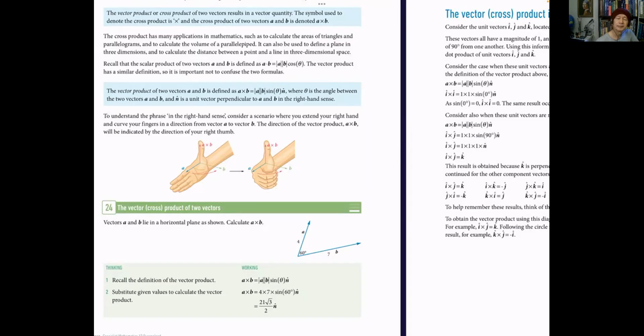Hat means unit vector, just like i, j, k, which gives a specific direction in 3D space. In this case, they denote the new direction of the product as n, right? That's it. So basically, there are 2 ways to denote this cross product.